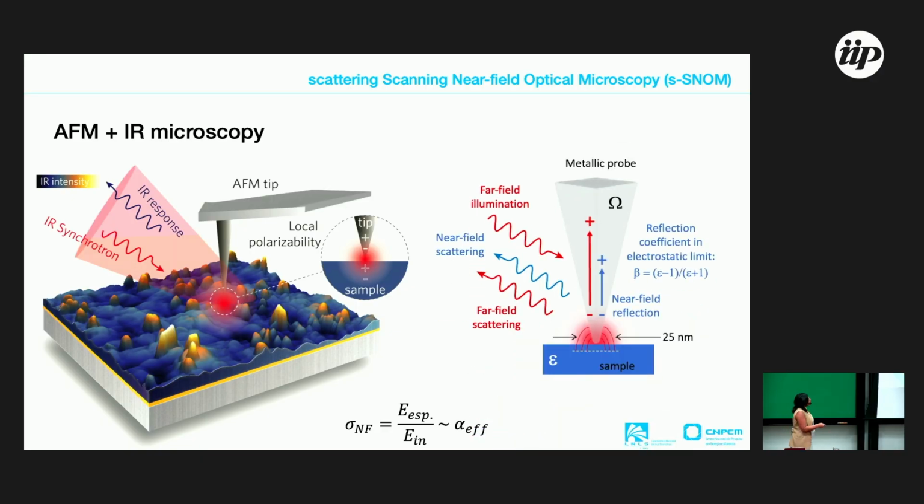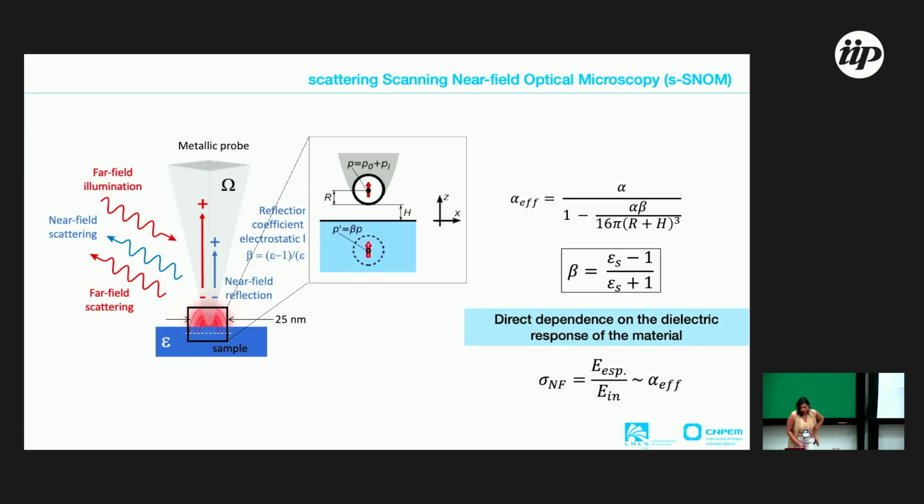When the sample is placed near this polarized tip, the sample will be polarized as well. In more detail, we use the dipole model to model that, and we need to say that the electric field here, which we call the near field, is an evanescent electric field.